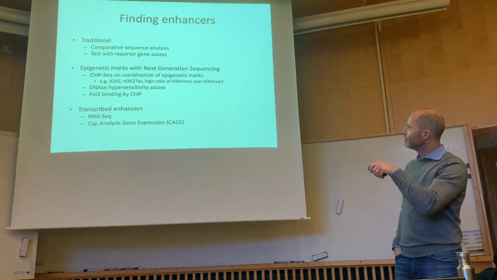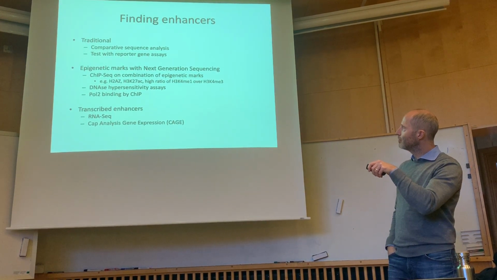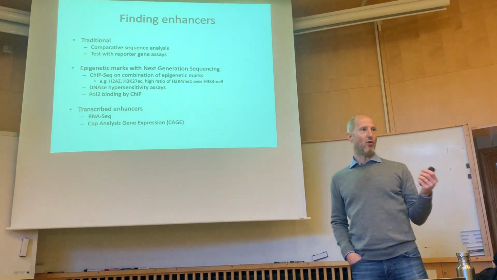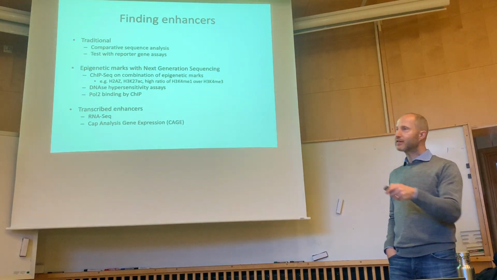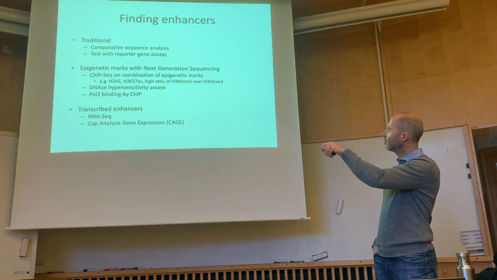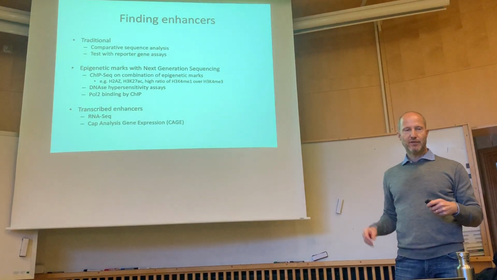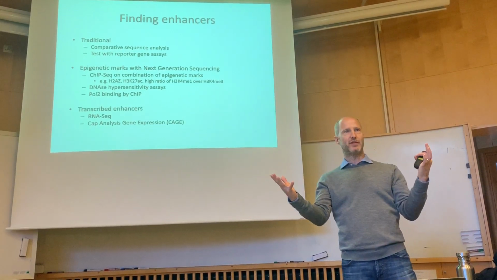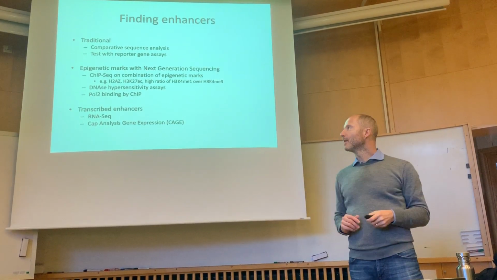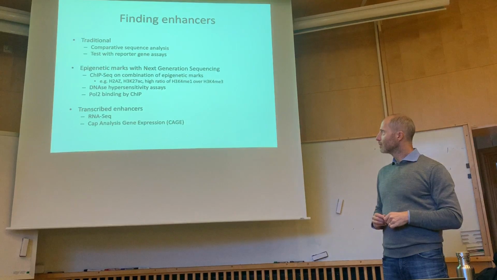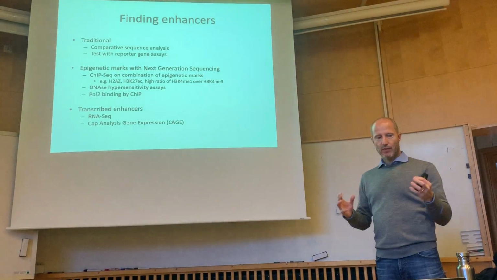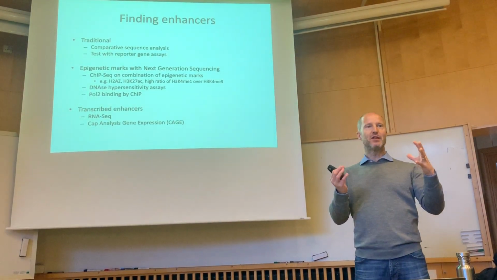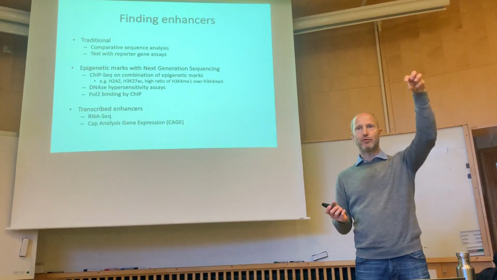Then there are other ways. We talked about how enhancers have to be in open chromatin regions. So there are ways to look at the histones and to assess whether the histones are marked for open chromatin or not. That is because I told you about ChIP sequencing on DNA binding proteins, right?